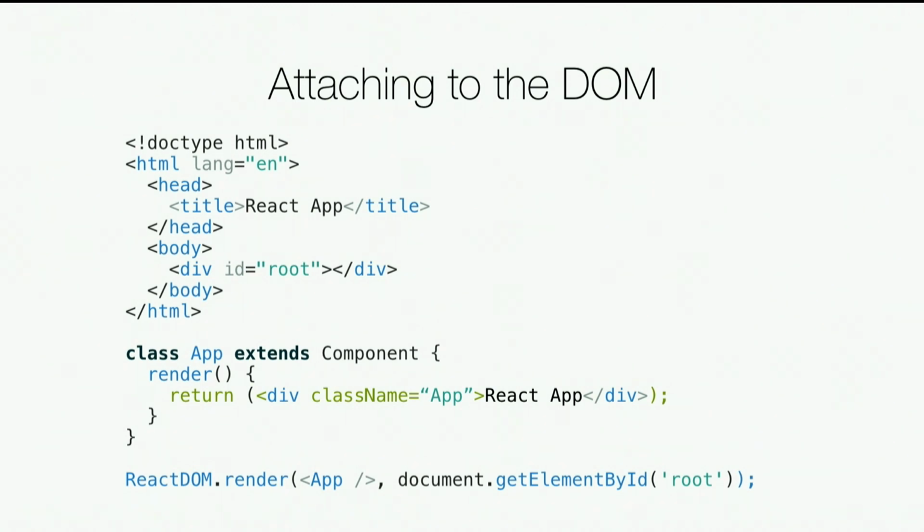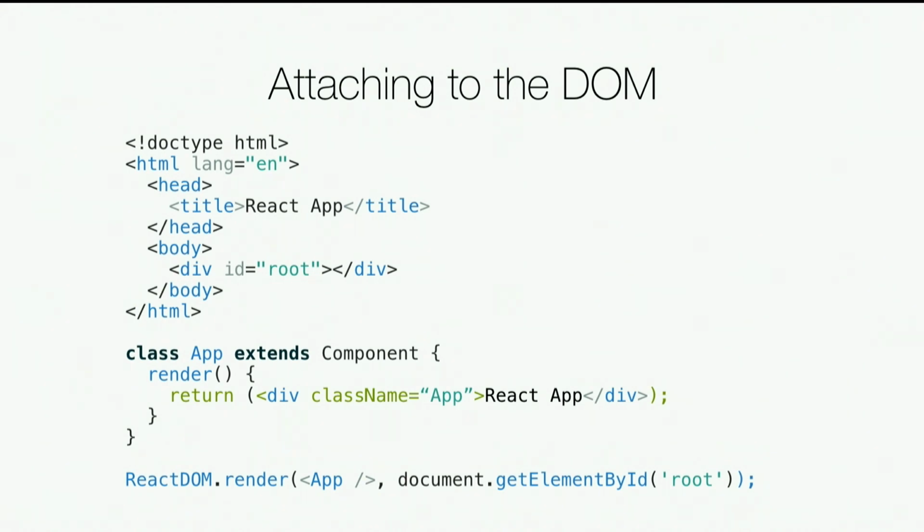And then this is the part that actually connects the two together. You call ReactDOM.render. You tell it what component to render, and then what thing in the DOM to attach it to. So we just do a normal document.getElementById, root, and then it will basically take that div with the ID of root and put the markup for our component inside that.